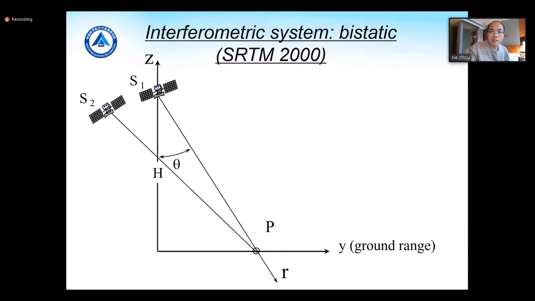At the same time, there is another interferometric system called the bistatic InSAR system. In the InSAR bistatic system, two antennas act as the transmitter and the receiver respectively.